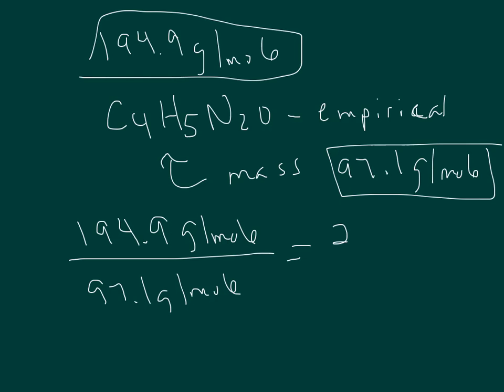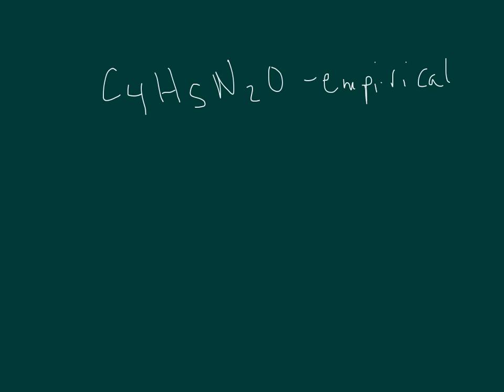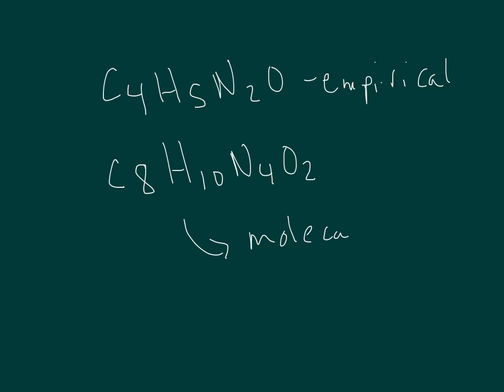So now we need to rewrite. We're going to take each one of these subscripts that are in the empirical formula, and we're going to multiply it by 2. So we get C8H10N4O2. And this is our molecular formula.